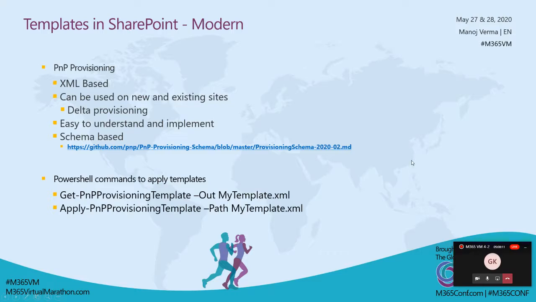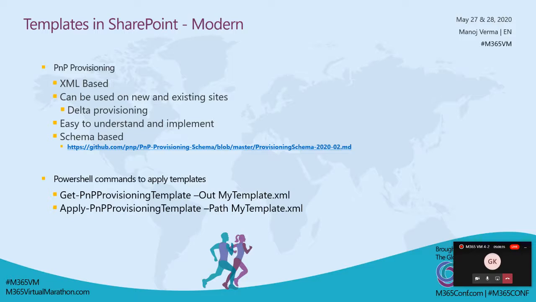There are PowerShell commands that are available to apply the templates. The first one here on the screen is Get-PnPProvisioningTemplate, out into a file. So you would use this command to get a template from an existing site.